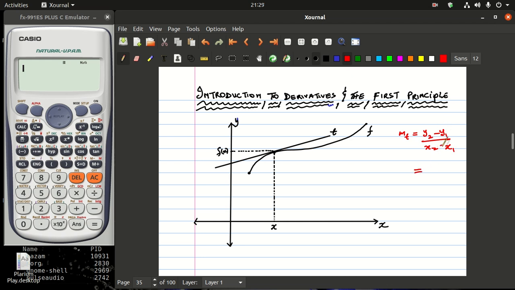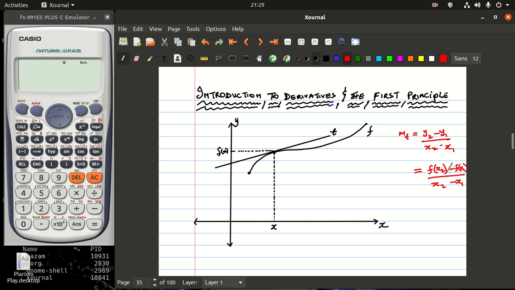If you are given a function and the x values, you take x2 and plug it into f of x to get y2, and to get y1 you take x1 and plug it into f to get y1, and then you divide by x2 minus x1. So for points, you use that. If you're given a function and the x values, you use this particular function.